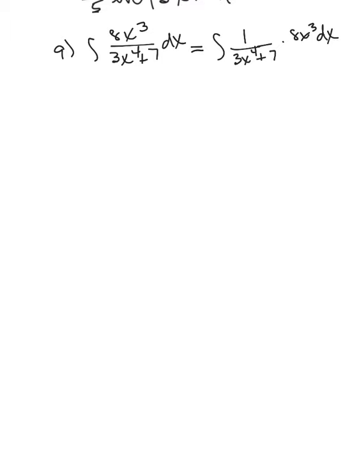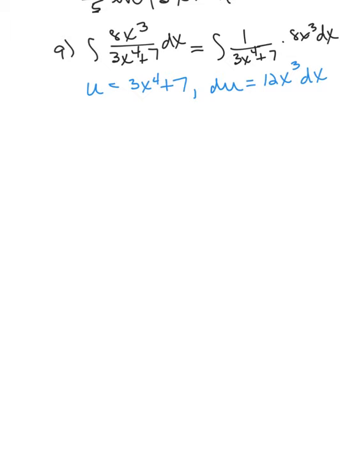This can help you see what your u and du are more distinctly. In this problem, we're going to let u equal 3x to the 4th plus 7, which gives us a du of 12x cubed dx.